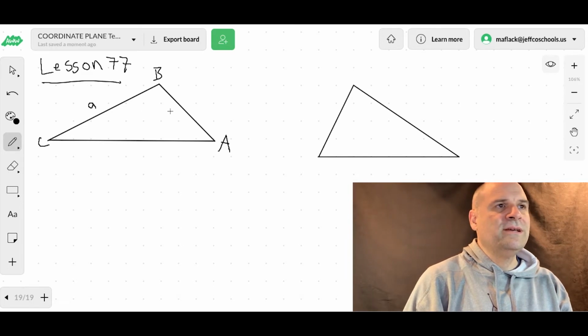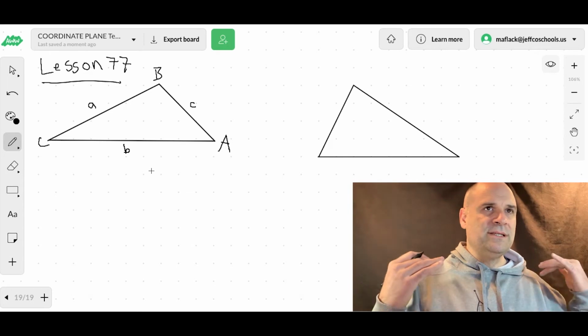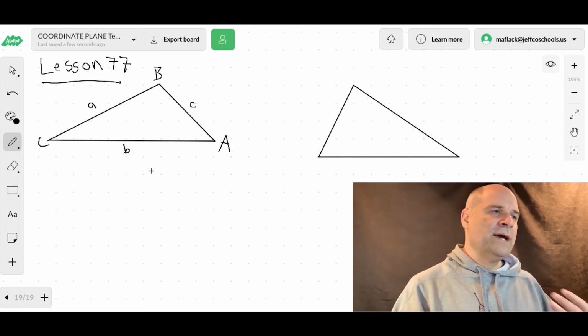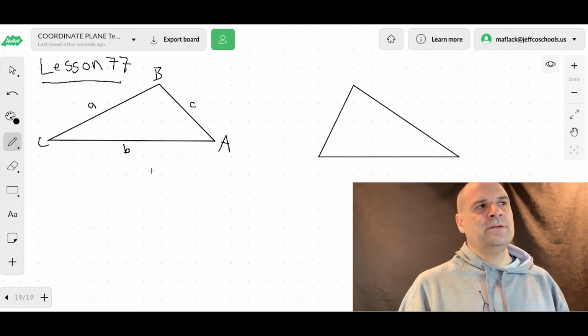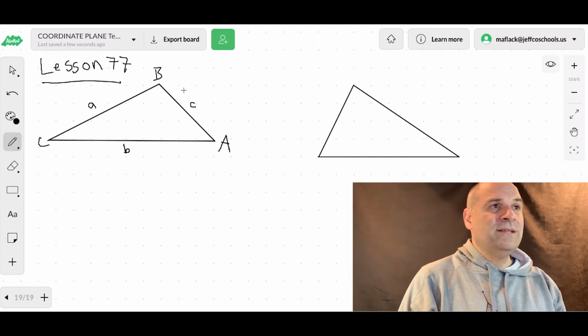It's very important that you label it this way. Okay, so now when we talk about lowercase b, we're talking about the side opposite of angle B. All the angles will be capitalized and all the sides will be lowercased.